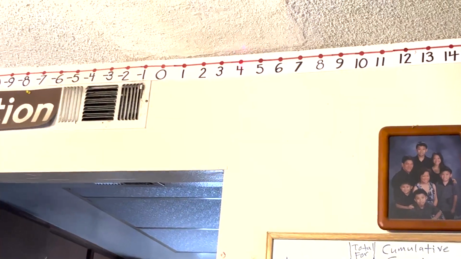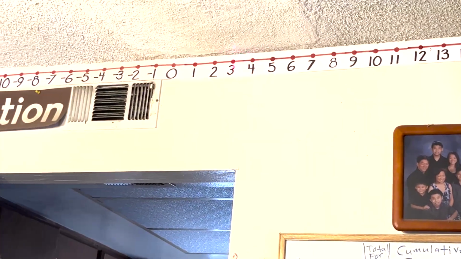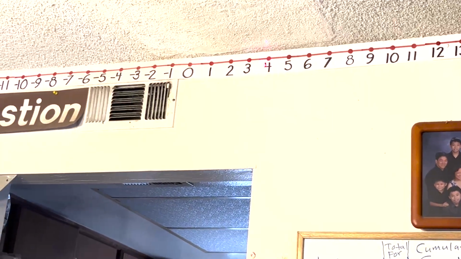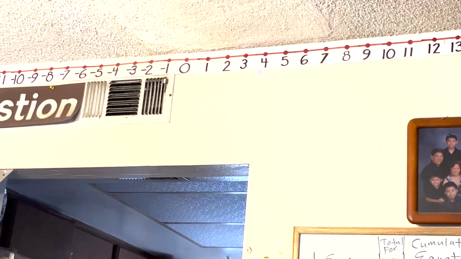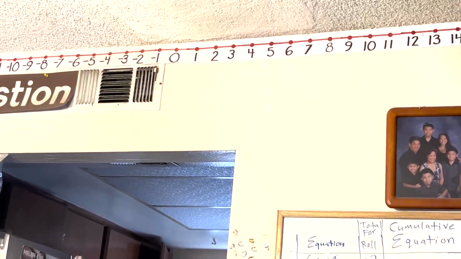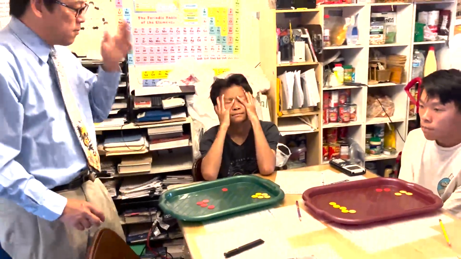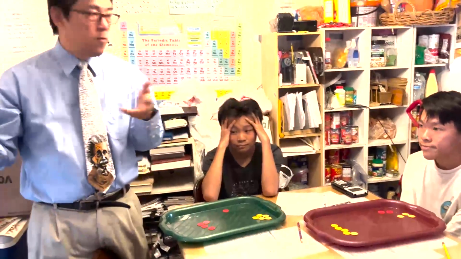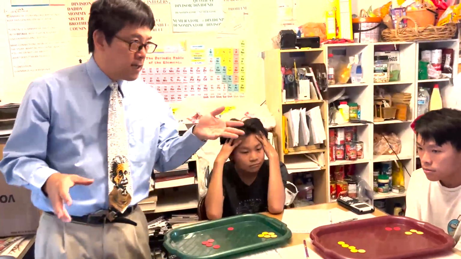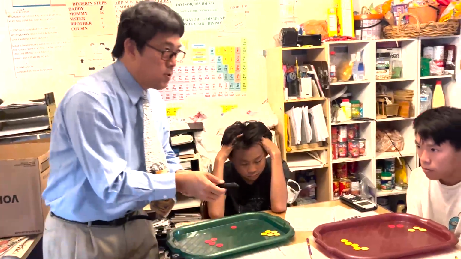When we do 4 minus +1, we go this way, right? But when we do 4 minus -1, we must go the opposite way. Does that make sense? So I'm going to differentiate to see, some of you like the number line, some of you like the counters, some of you just like the straight subtraction rule that we have on the board here.